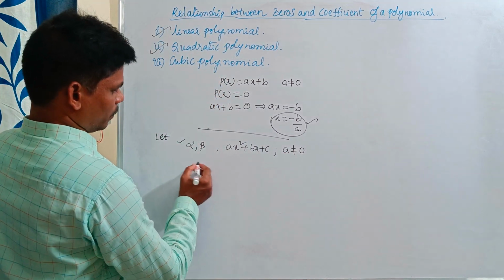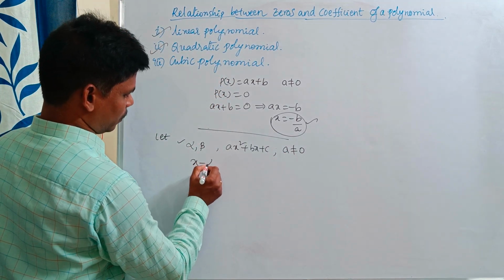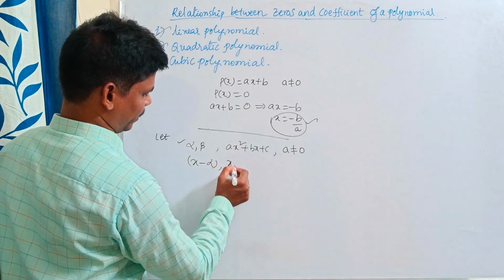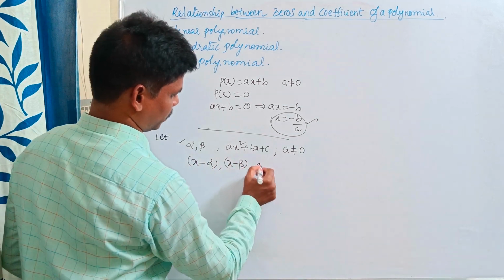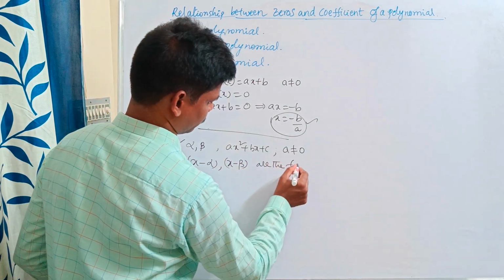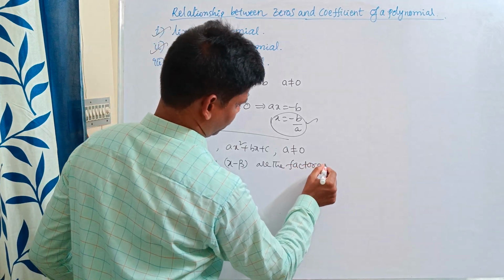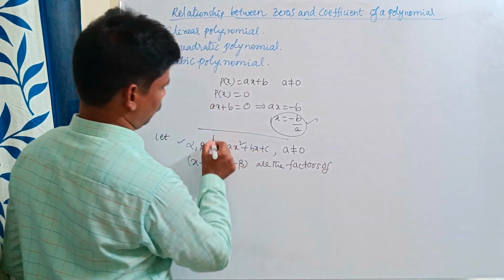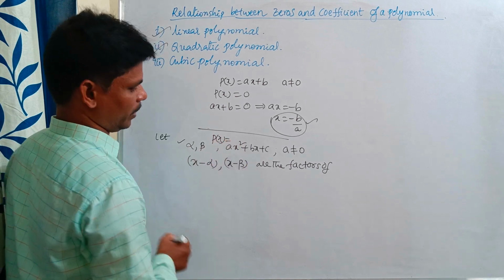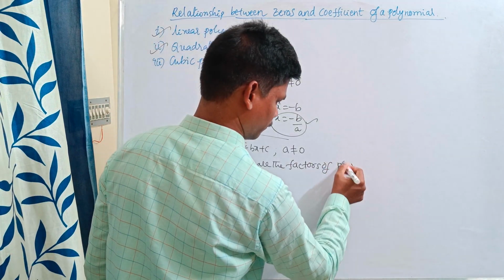We know that x minus alpha and x minus beta are the factors of this polynomial, that is p of x.